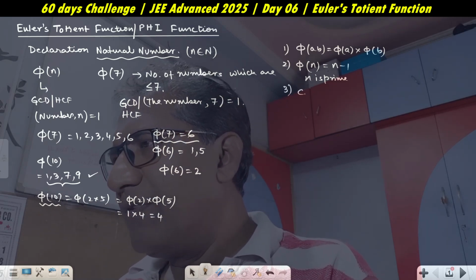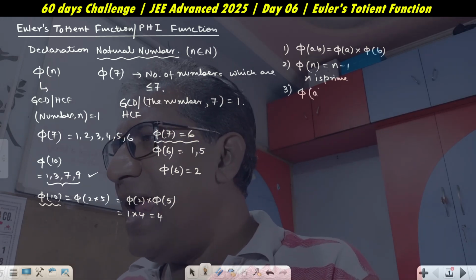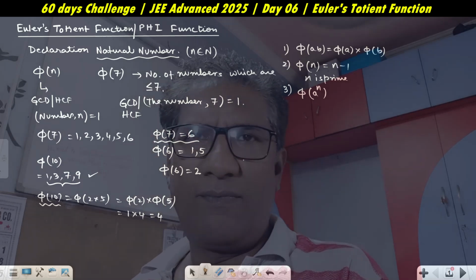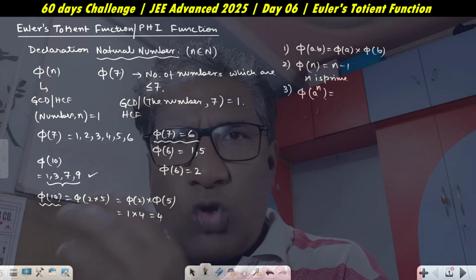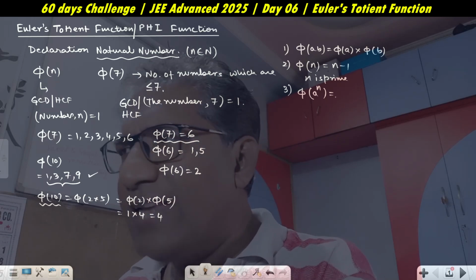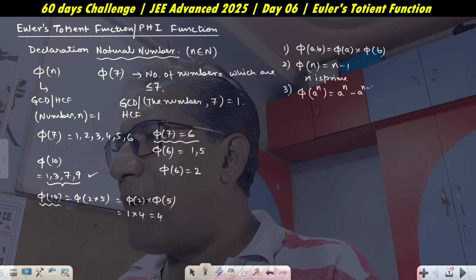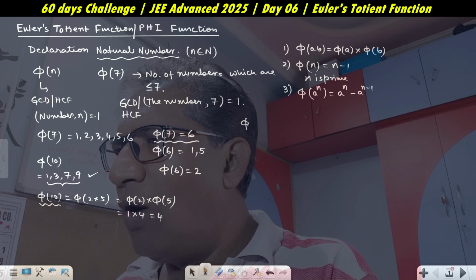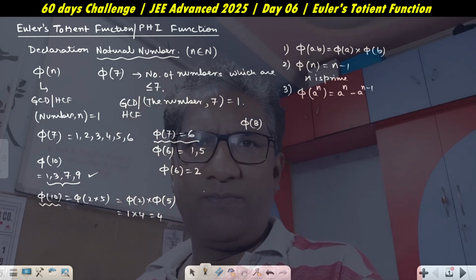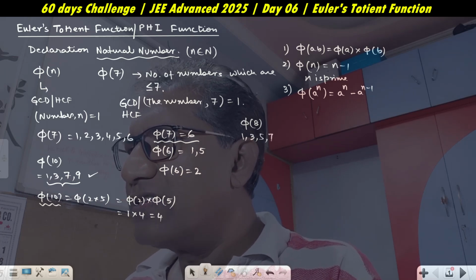Number 3. Suppose we have been given a to the power n. So the Totient function phi of a to the power n will be a to the power n minus a to the power n minus 1. Like if I say, what is phi of 8? We all know that phi of 8 will be 1, 3, 5 and 7.